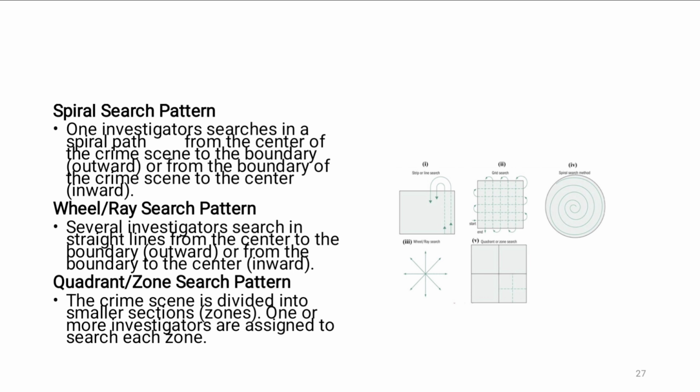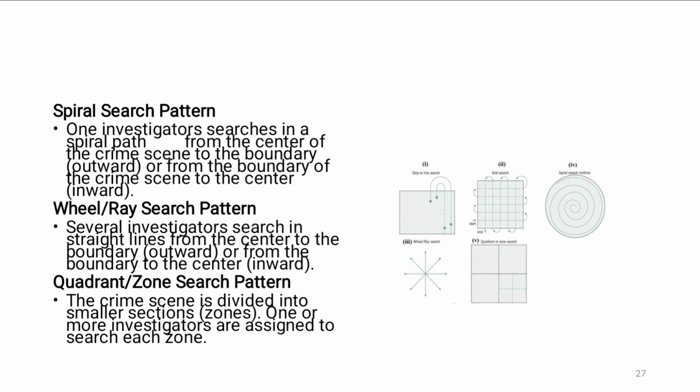The spiral search, you can see in the illustration, people move in a concentric pattern from inward to outward, or from outward to inward, as you might decide to do.